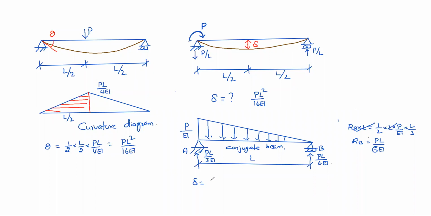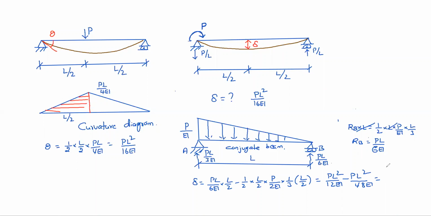That is, from the right side: PL by 6EI into L by 2 minus half into L by 2 into PL by 2EI into 1/3 of L by 2, which is equal to PL square by 12 EI minus PL square by 48 EI.